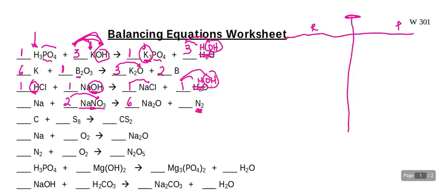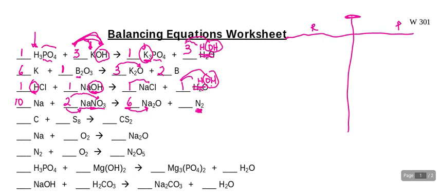I'm going to also take a look at my Na over here, because putting a 6 in front of the Na2O means I have 12. 6 times 2 is 12 Na's on the product side. Now if I take a look at the reactant side, I already have 2 Na's here, but I have 12 on the product side. So I need 10 more over here in order to balance this equation.